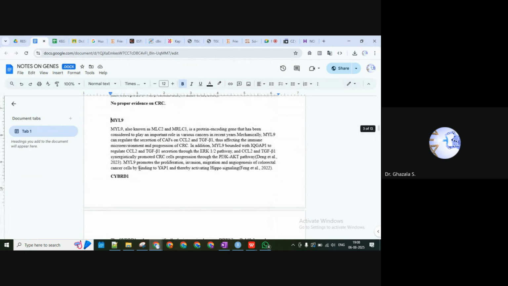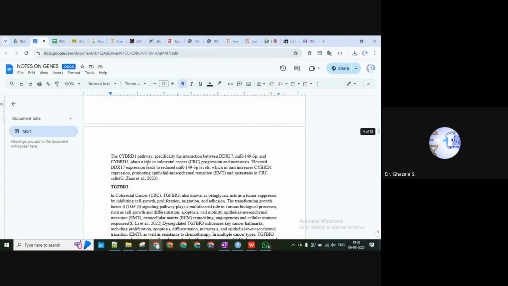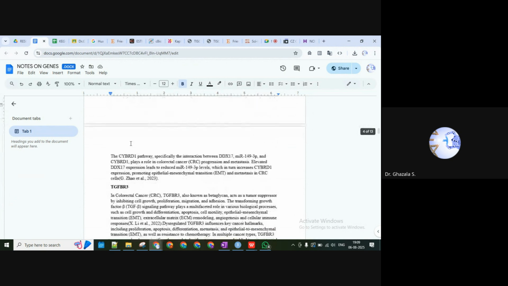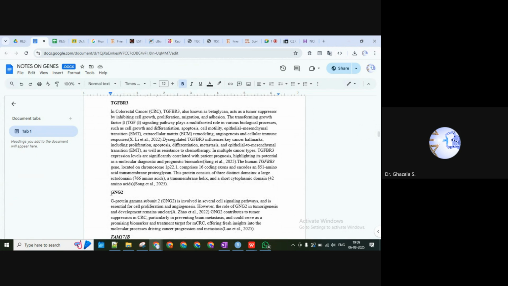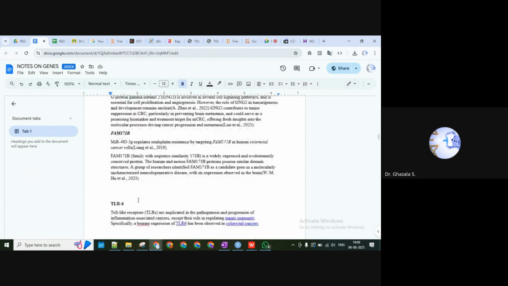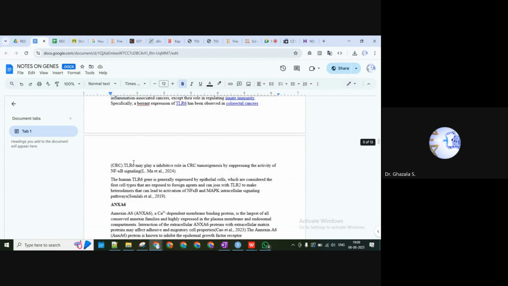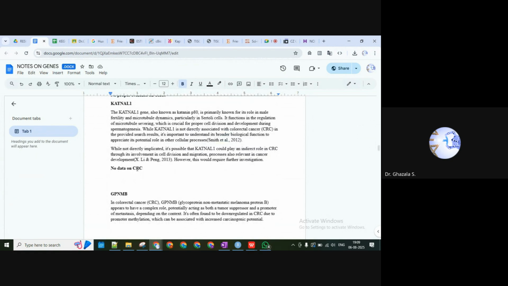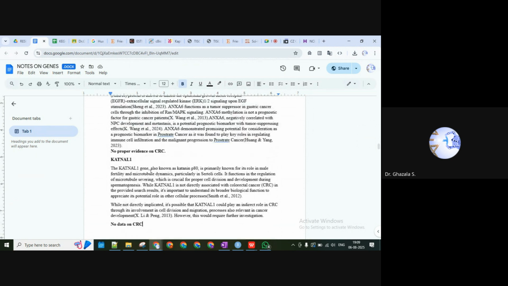That's why I'm filtering out some of the information, because we will be looking for each specific gene in the database or the tool that we have. But in that case, we need to filter the genes that already exist in the literature, because databases store information which is published, not genes with no data on CRC.